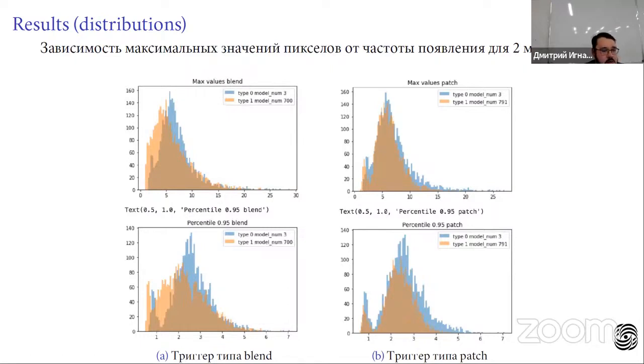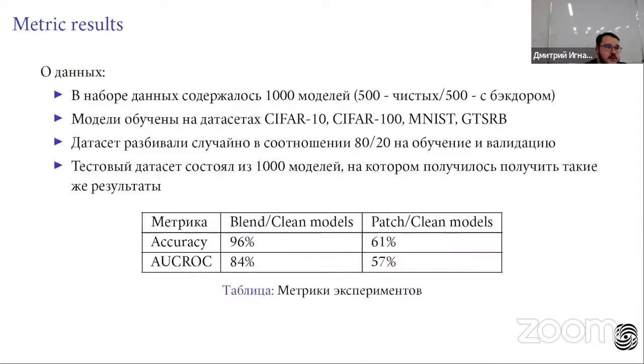So we take the bins and put them into a classifier. And this method works really well on the blend type attacks. And on the right side, you can see the distributions are quite the same. And what metrics have we achieved?